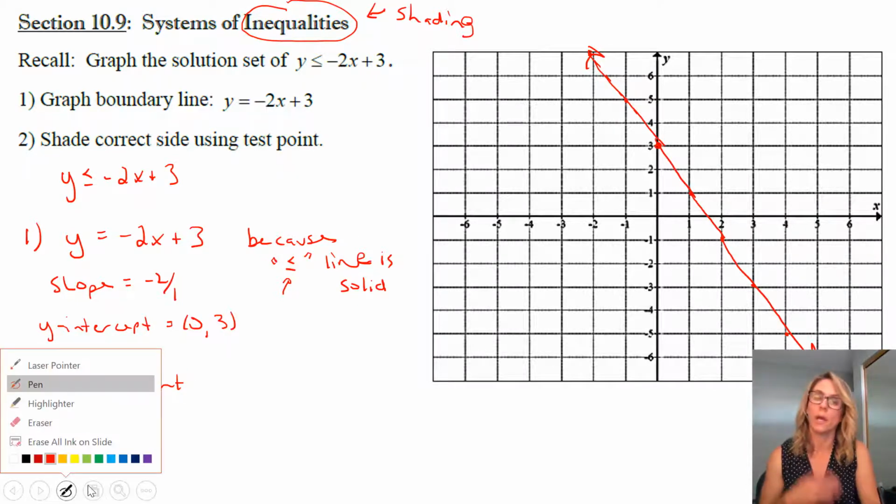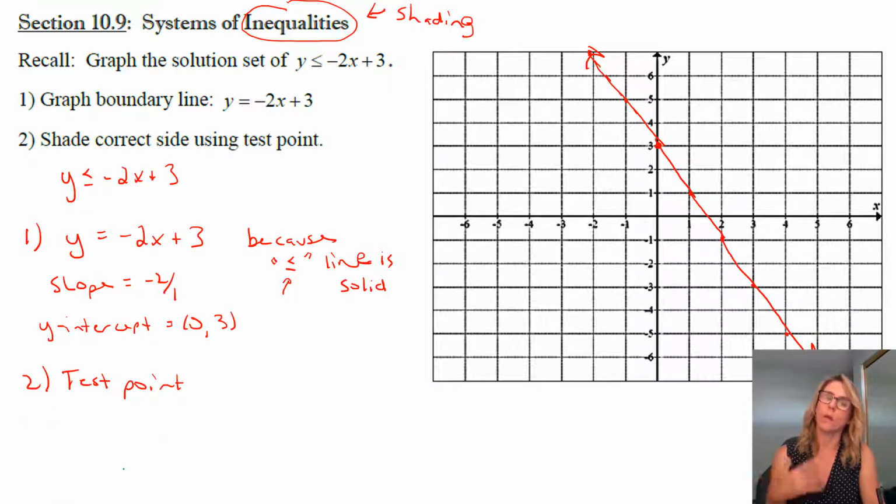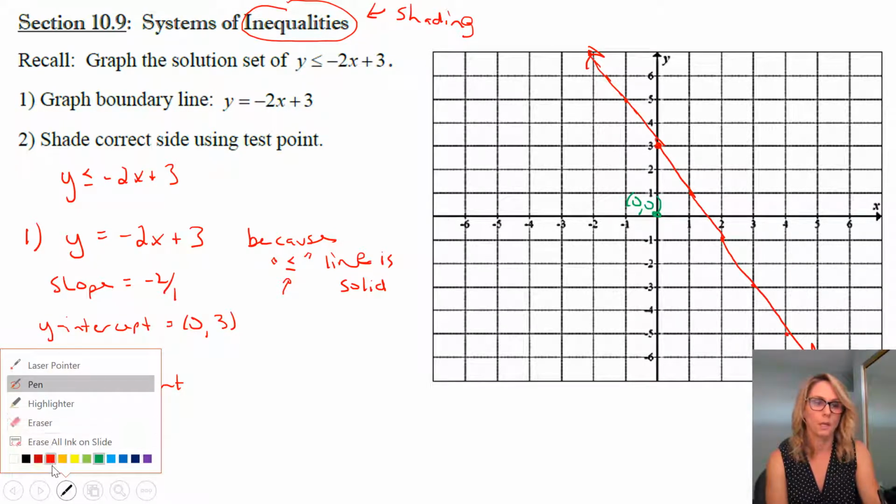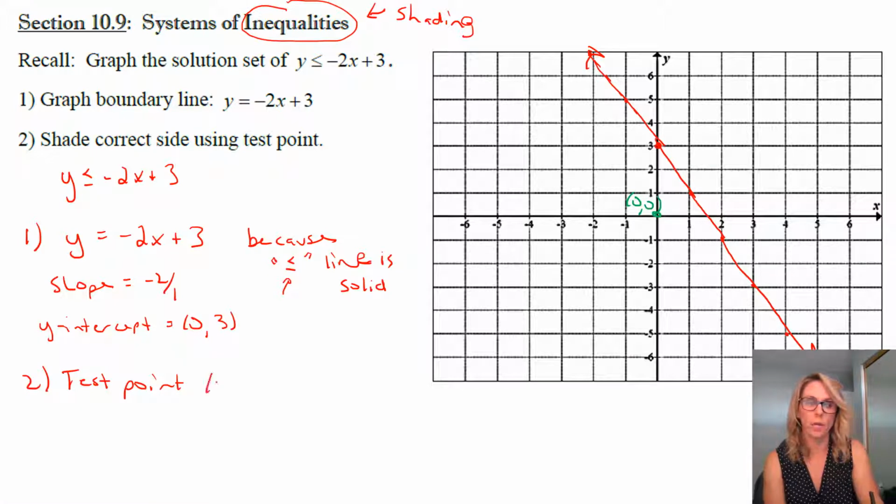If it makes it true, it's part of our solution, and any point on that side of the inequality will also make it true. So a great point in this case is 0, 0. 0, 0 is a great test point. And so all we do is plug it in and check.